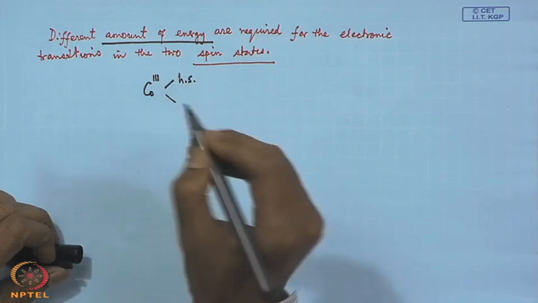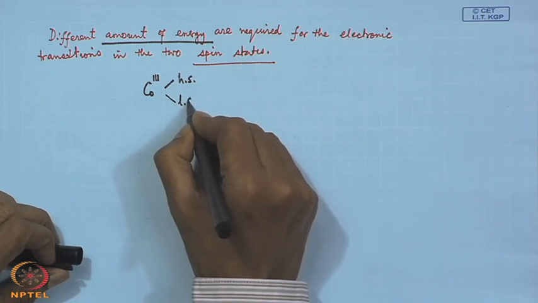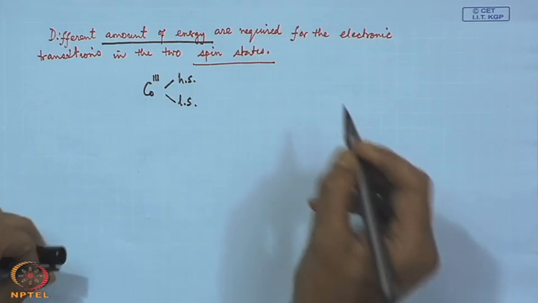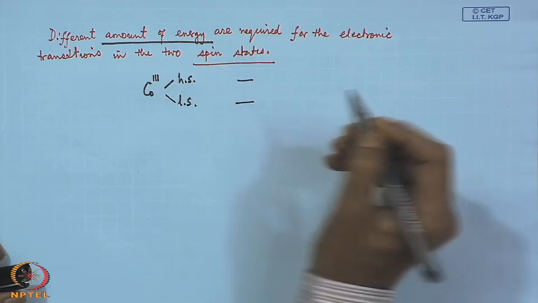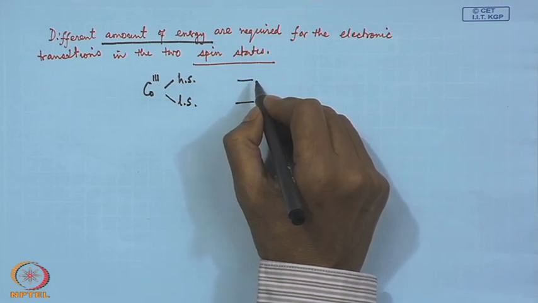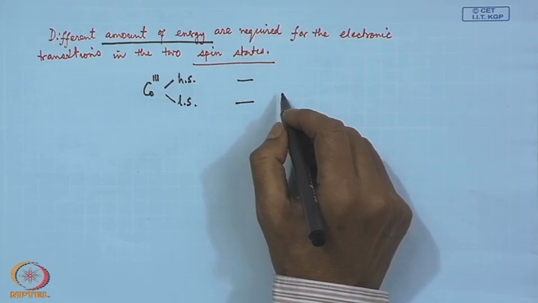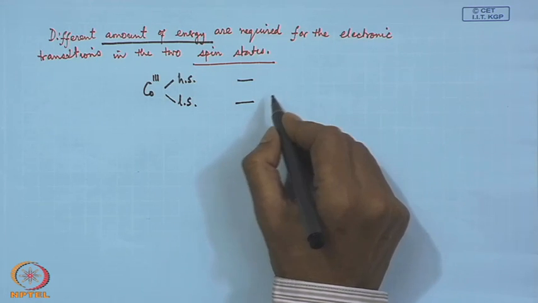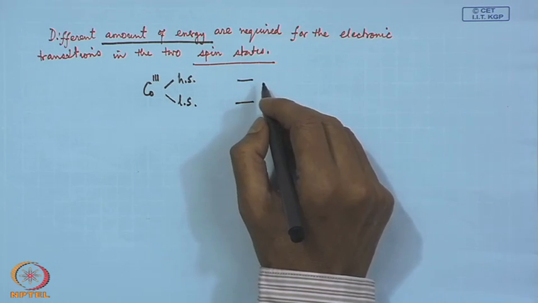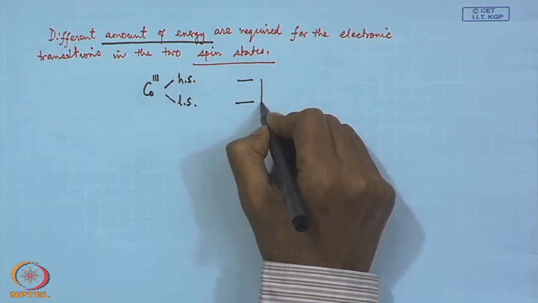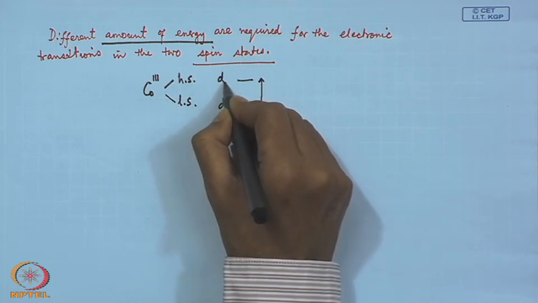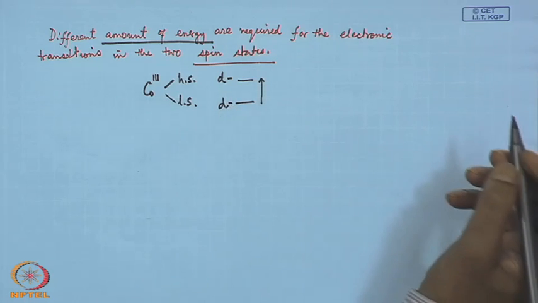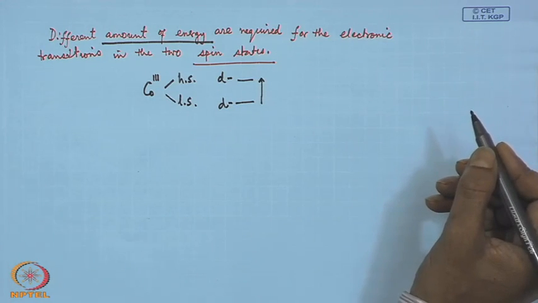So, for the cobalt 3 ion in high spin and in low spin state, we have unpaired electrons in one particular d level, and the upper available d level in terms of the corresponding crystal field theory is also of d character. So, the transition taking place from one d type orbital to another d type orbital is why we call it a dd transition.